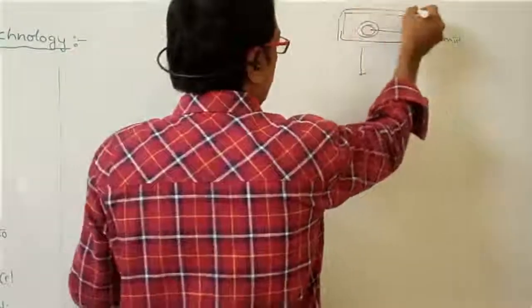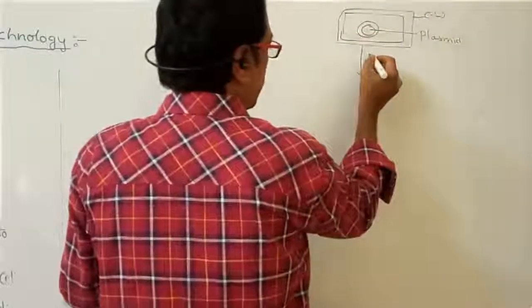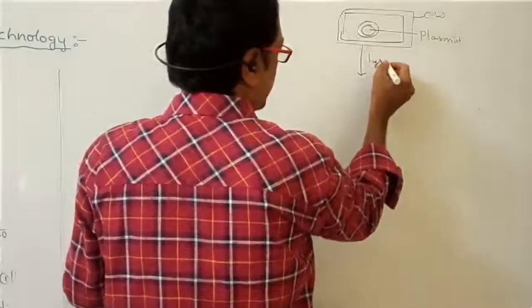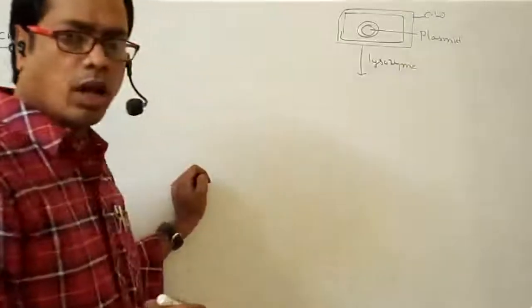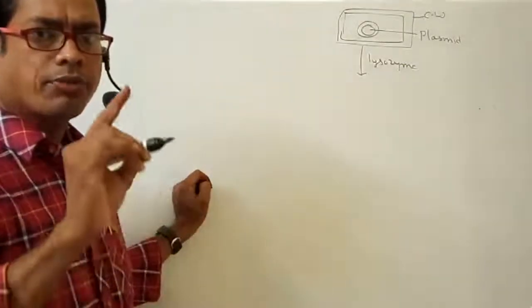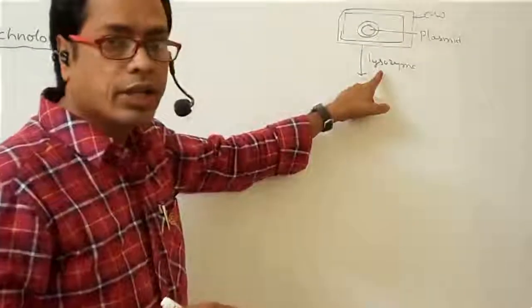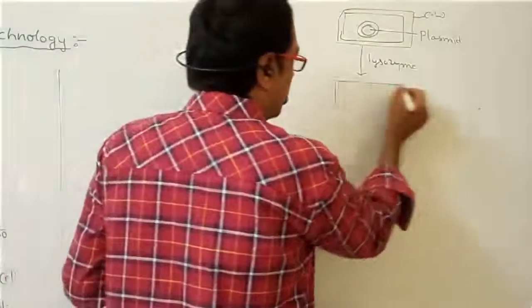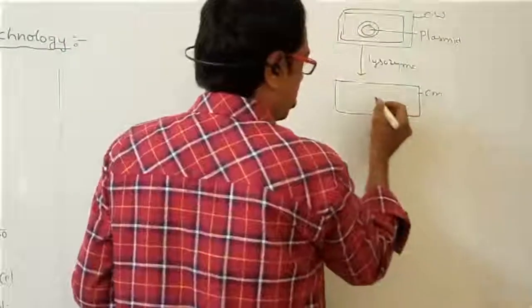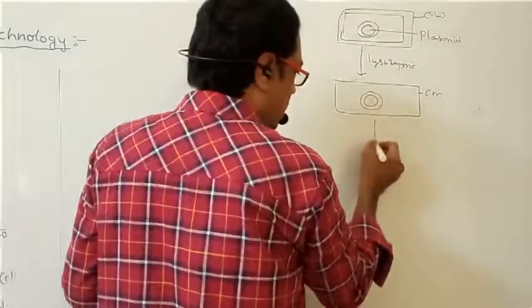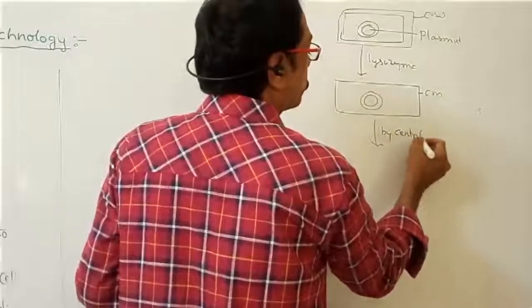First of all, it has a cell wall. The cell wall can be lysed by which enzyme? Lysozyme. The cell wall of bacteria can be lysed by an enzyme called lysozyme. Then the cell membrane, and later a process called centrifugation.